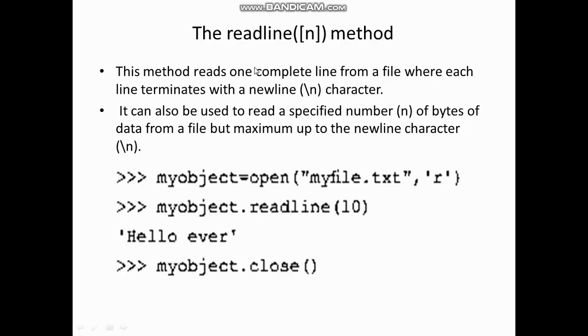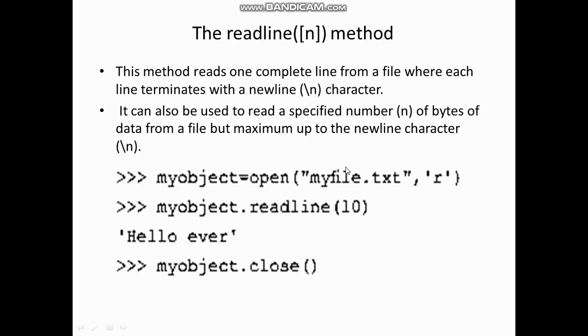Now the readline method. This method reads one complete line from a file, where each line terminates with a newline character. It can also be used to read a specified number of characters or bytes of data from a file, but only up to the newline character.